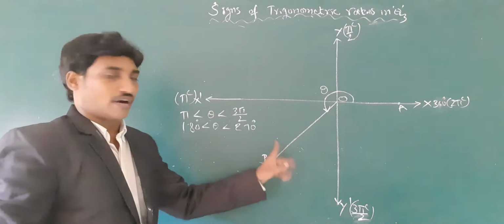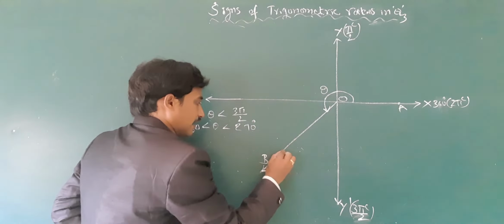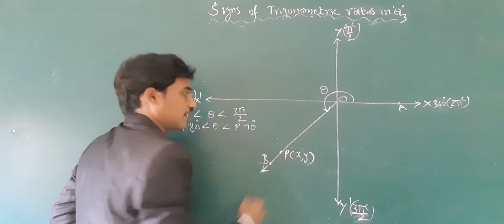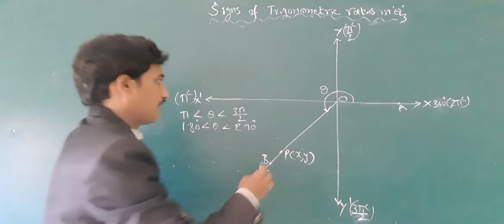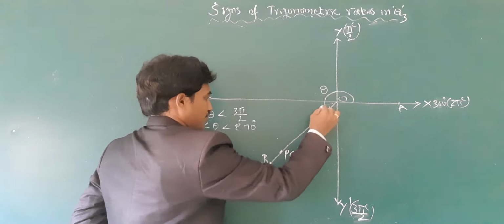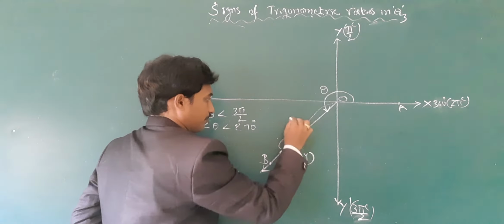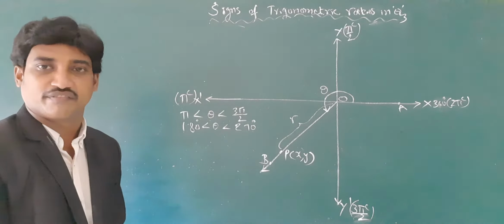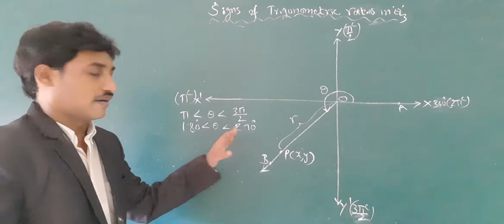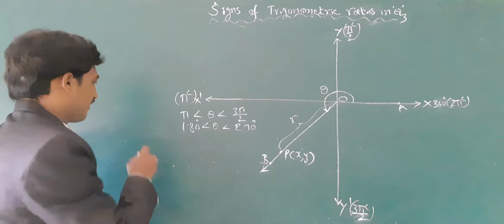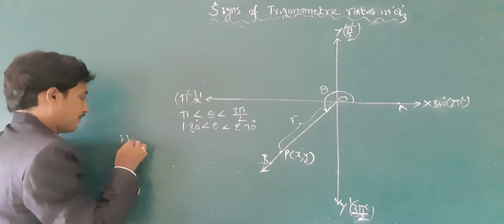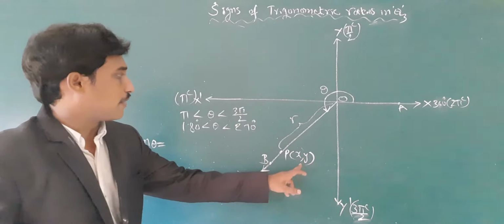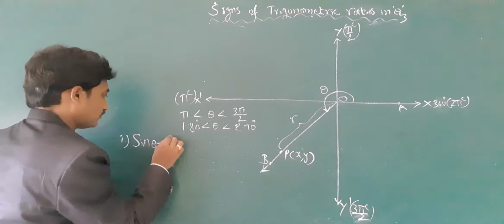If theta is in the third quadrant, I am taking any point P(x, y) on the terminal side, and the length of OP as r. Then in this standard position we can define the trigonometric ratios. First, sin theta is y by r.